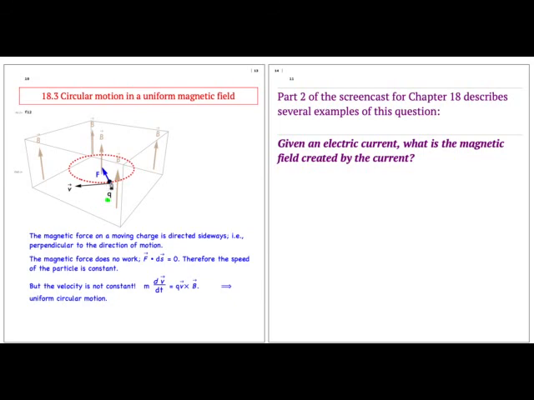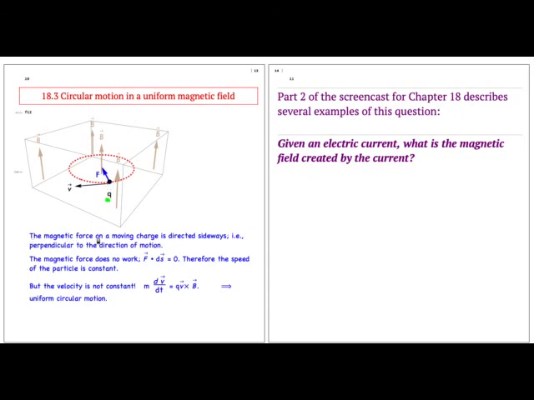If the fingers of your right hand point in the direction of V and curl into the direction of B, then your thumb points in the direction of F. Well, it's perpendicular to V, it's perpendicular to B, it's pointing in the direction toward the center of this circle. So there's a sideways force on this charged particle.